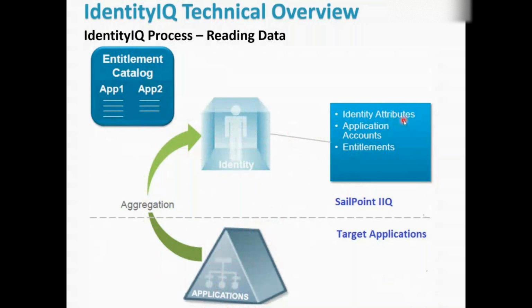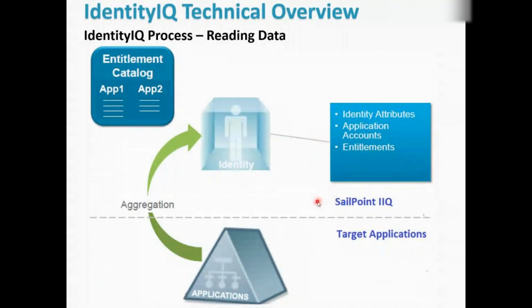In Sailpoint, an identity is nothing but the user. The user's virtual representation is called an identity within Sailpoint. Just understand, this human symbol is a user. A user has different attributes like first name, last name, email ID, job title, department, and so forth, right?